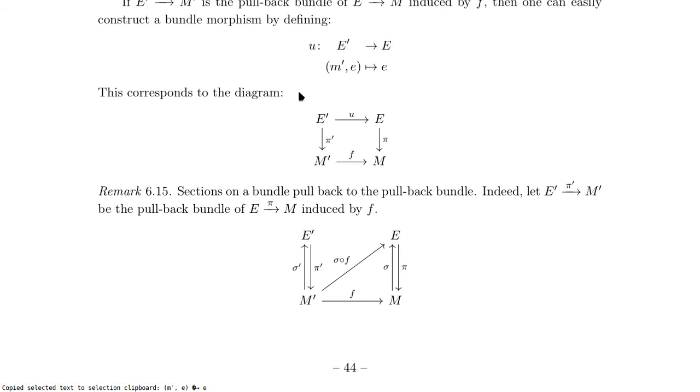And here instead of U and V, you just have the usual f. This is another thing: sections on a bundle pull back to the pullback bundle. So essentially, your sections stay sections if you pull them back using the pullback bundle.